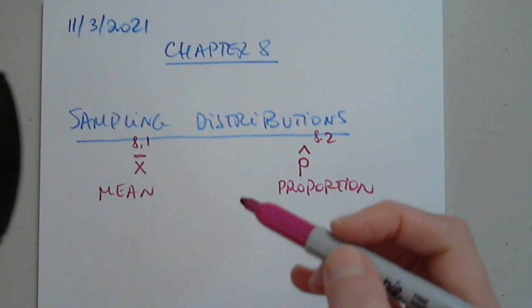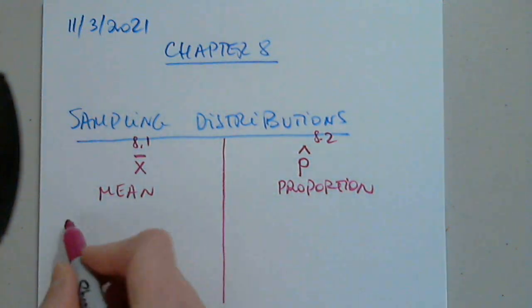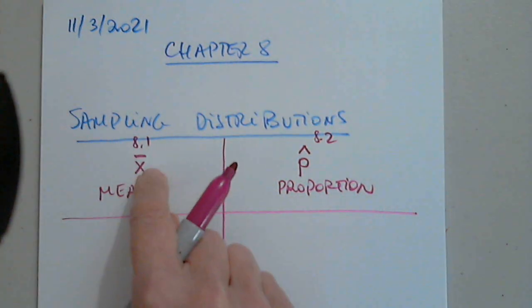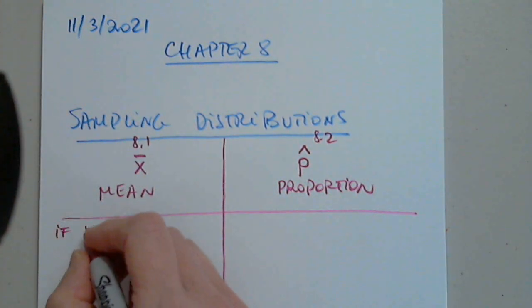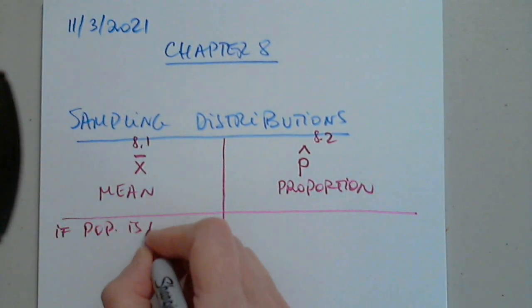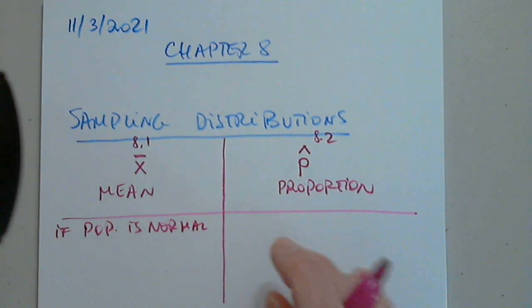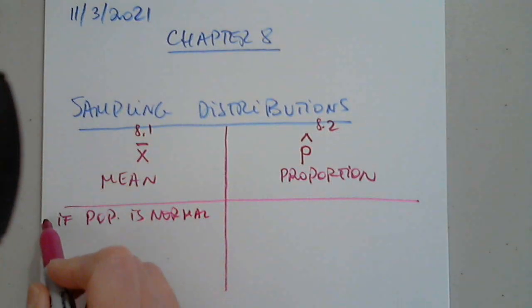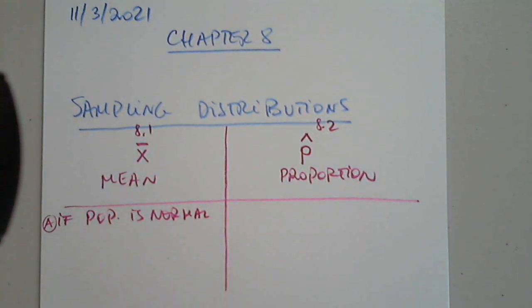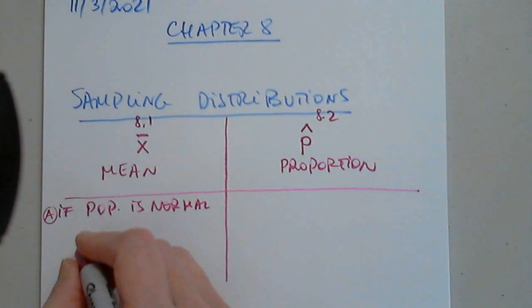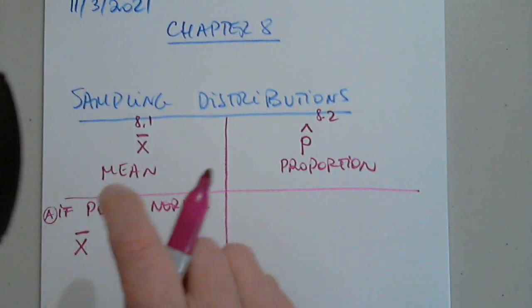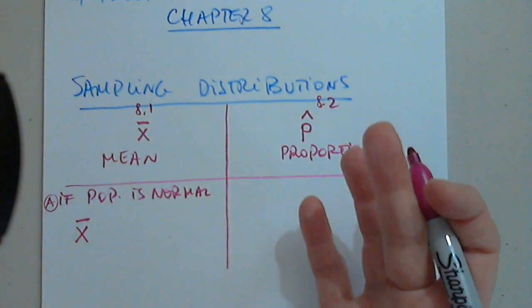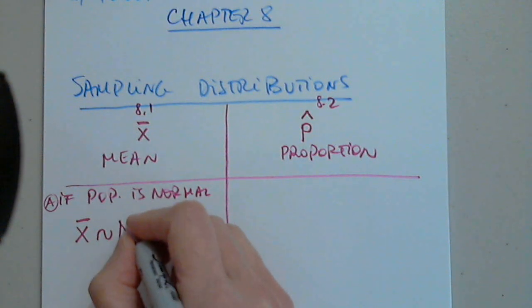So now two different things here. For the mean, if the population is normal, that's one option. So option A, population is normal, then X bar, the mean of all samples, is normal.